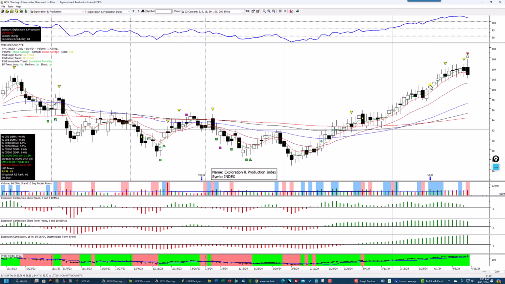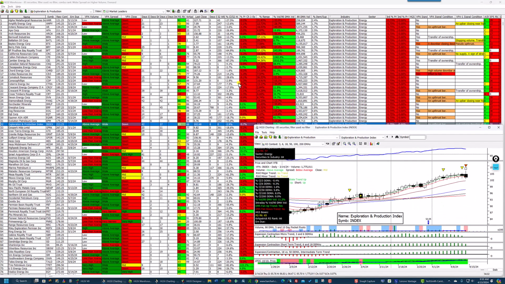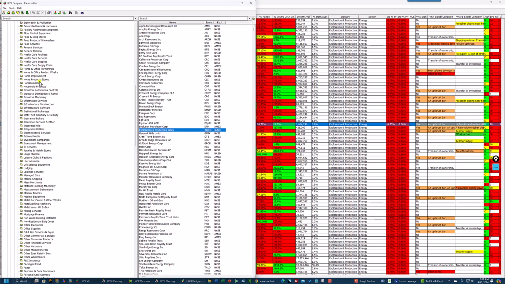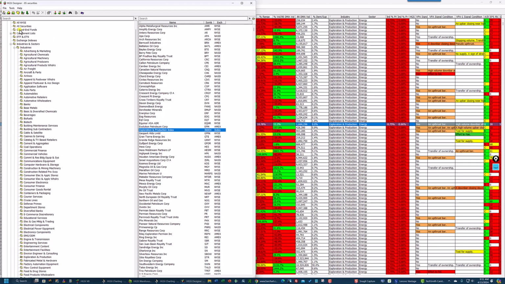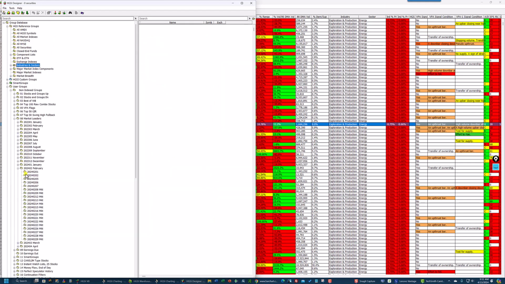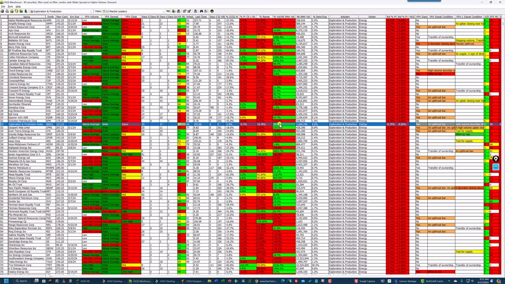My point of showing you all of this, if you keep track of these market leadership groups every day, and they do change every day, and I put them in with my information on the non-index files, you can really see where the strength of the market is, and that's a good place to look for prospects.